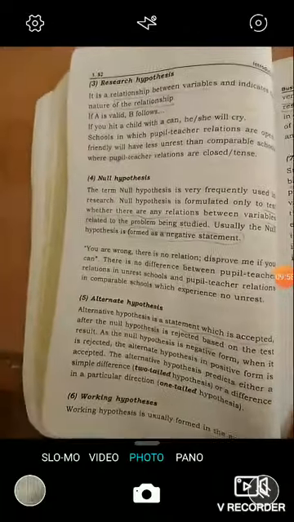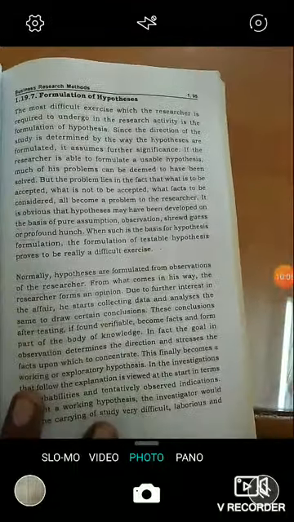The hypotheses are of different types: crude hypothesis, refined hypothesis, research hypothesis, null hypothesis, alternate hypothesis, working hypothesis, statistical hypothesis. These are different types that we already know.